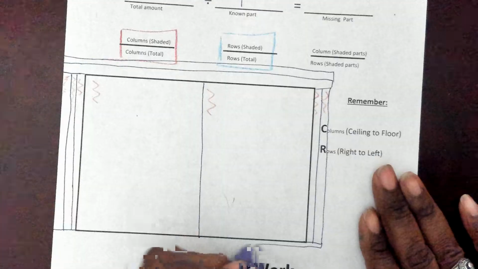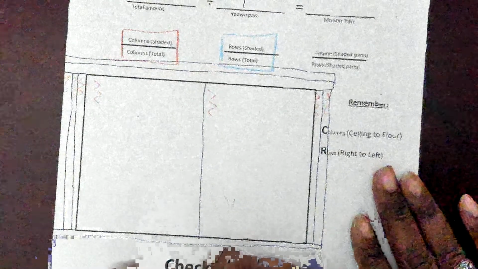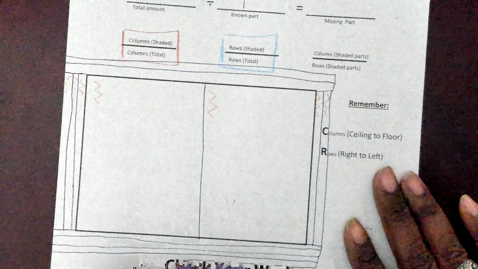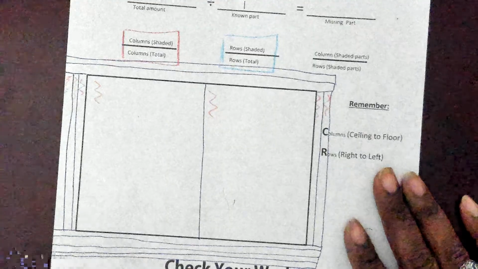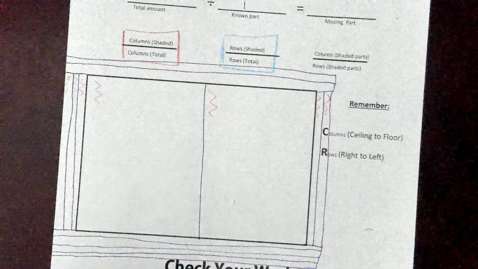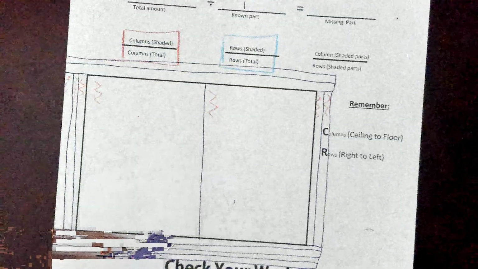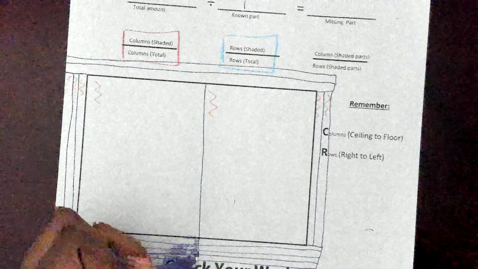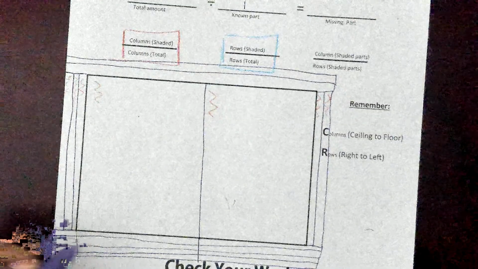That will be 3. This will be 4. This will be 5, 6, and 7. Then we're going to take our original column line and just make it go all the way down.